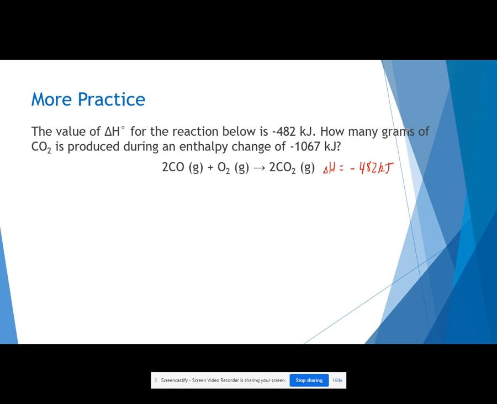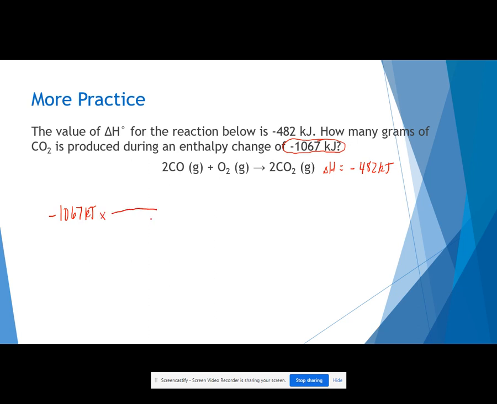It's asking us to find how many grams of CO2 are produced whenever we have an enthalpy change of negative 1,067 kilojoules. So the number we need to start with is the other number, this negative 1,067 kilojoules. And we want to eventually get to grams. In order to get to grams or switch to anything, our middleman is always moles.